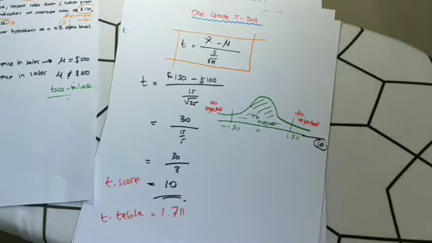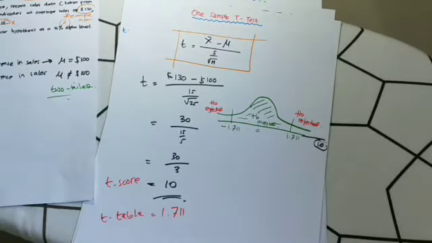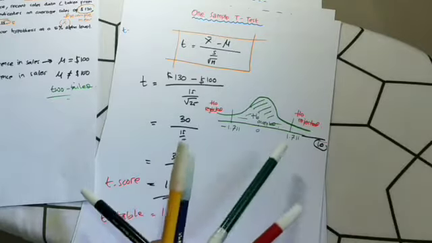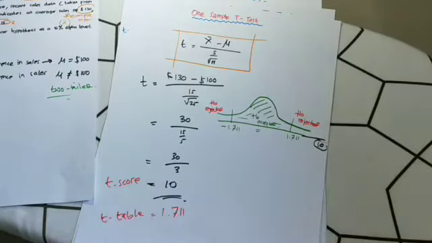It is not $100, but it is more than $100, because the t-score is on the right side, so it is more than $100.